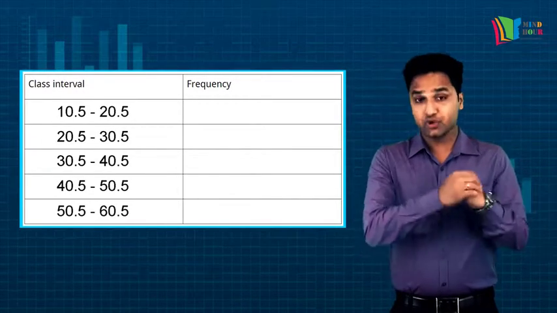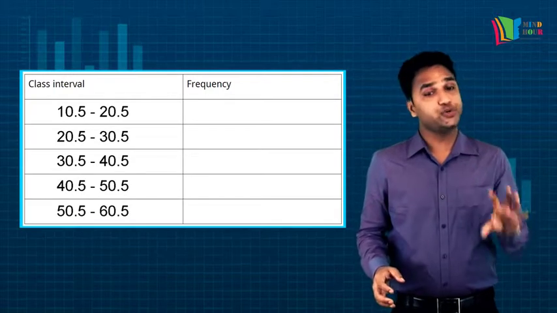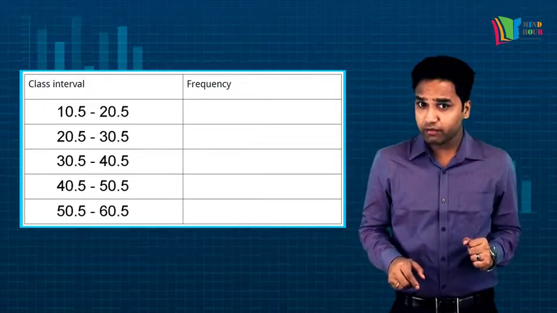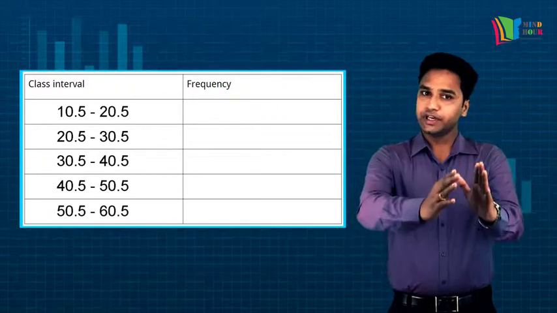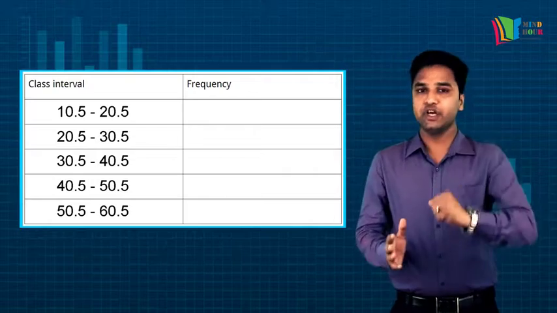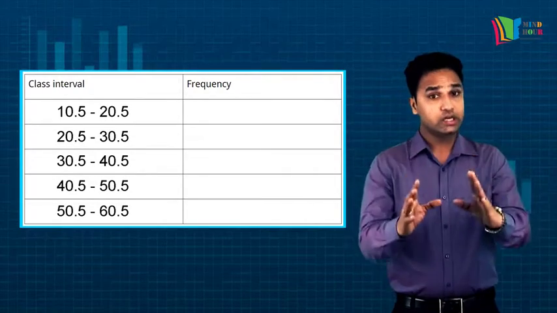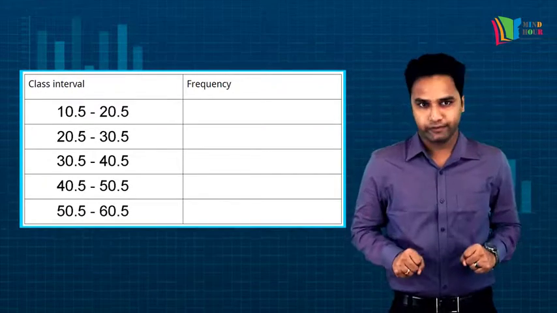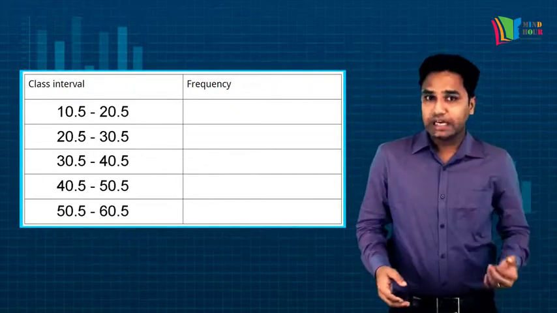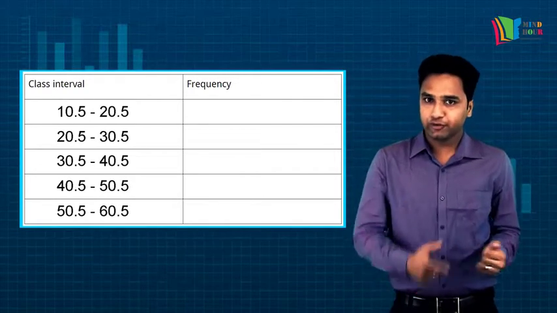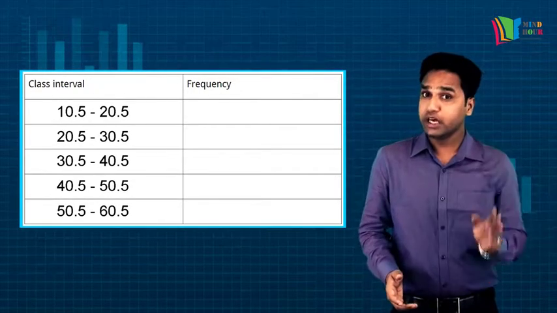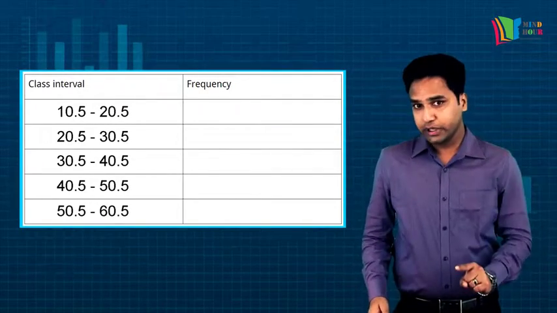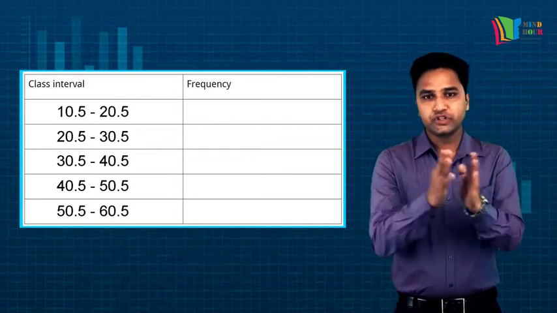For the second interval 21 to 30, the lower limit 21 becomes 21 minus 0.5, which is equal to 20.5, while the upper limit 30 becomes 30 plus 0.5, which is equal to 30.5. Thus, the second interval becomes 20.5 to 30.5. Similarly, the third interval becomes 30.5 to 40.5, while the fourth interval becomes 40.5 to 50.5, and the fifth interval becomes 50.5 to 60.5.